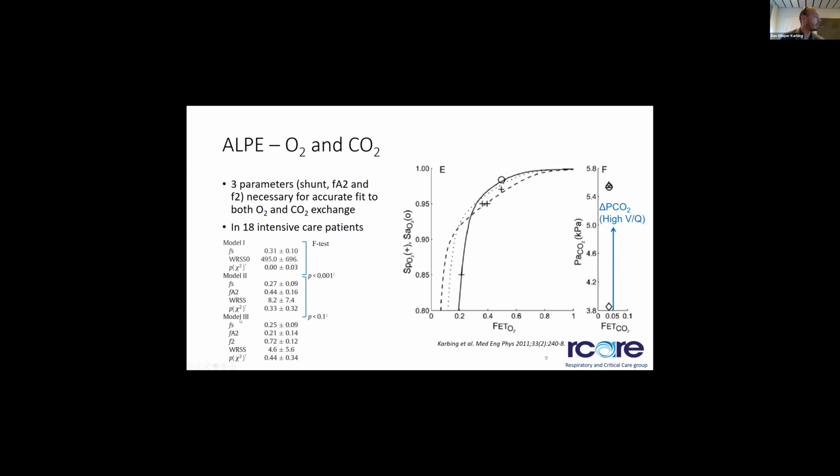And the 3 parameters, shunt, FA2, and F2, were necessary to accurately describe both gases in all patients. And that's what we're seeing here with the different curves, that the solid line is able to describe all measurements, whereas the dotted and dashed fail, representing one of the 2 other models. And if we take the shunt-only model, it is not able to describe gas exchange either.